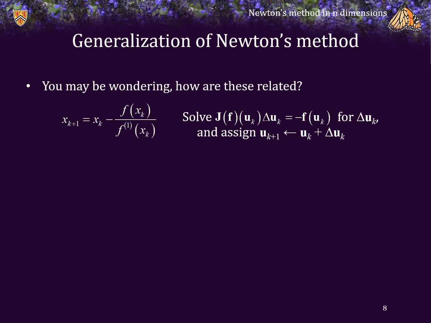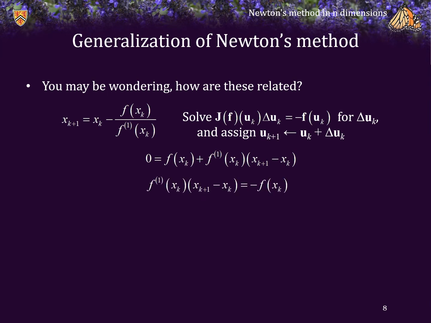Well, let's go back to Newton's method in one dimension. What we did is we wanted to find the root of the tangent line, and we wanted to let x k plus 1 be the root of that tangent line.